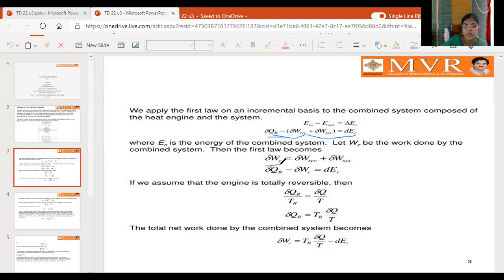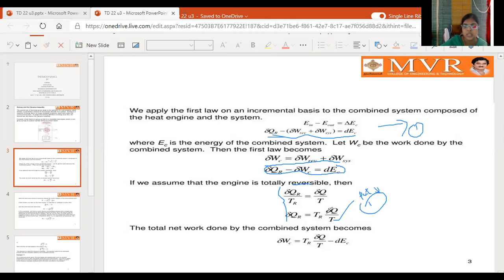According to the first law of thermodynamics, delta Q minus delta W is equal to dE. So this is the total system, the total first law of thermodynamics. And if the system is totally reversible, the formula would be in this form. So this QR is substituted in equation 1, which we call equation 1.